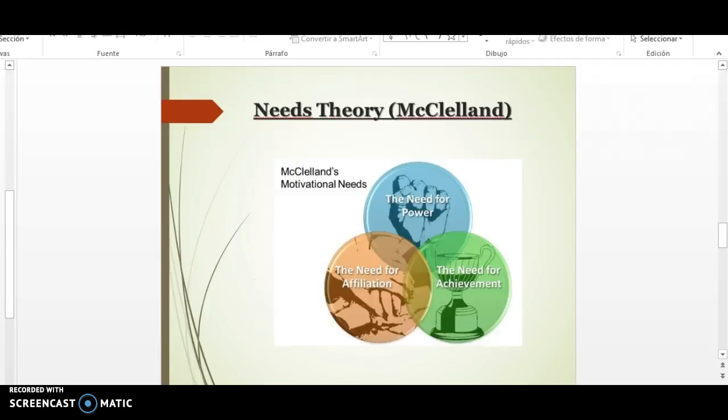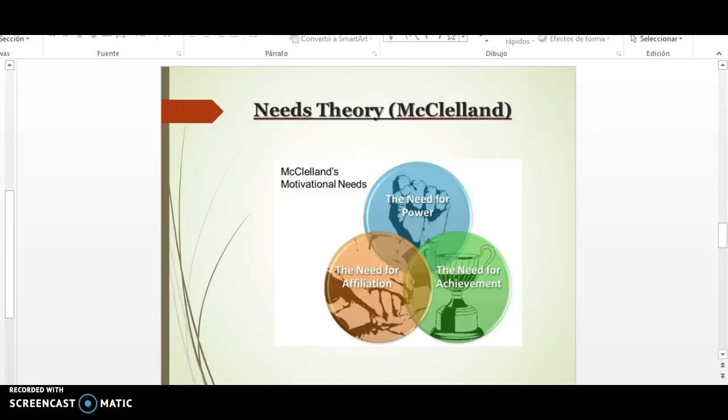Needs theory. An individual's specific needs are acquired over time and are shaped by one's life experiences. Most of these needs can be classified as achievement, affiliation, and power. This model was developed in the 1960s, 2 decades after Maslow's theory, proposed in the early 1940s.